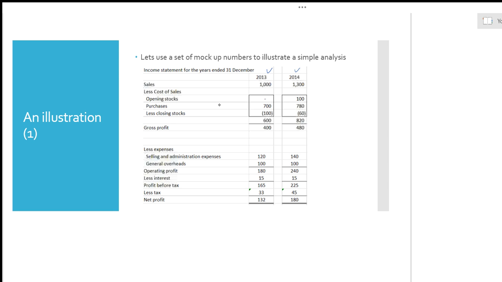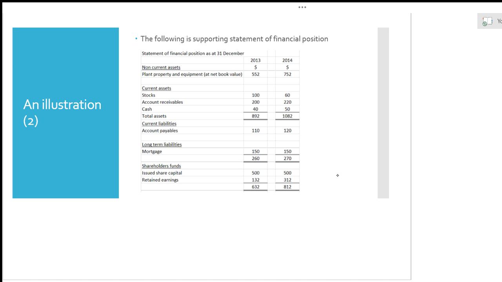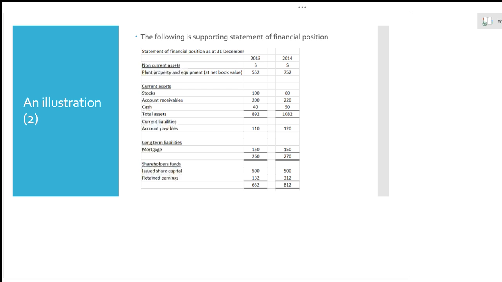This gives me the gross profit and net profits for both years. I also have the statement of financial position for 2013 and 2014, and you can see the values. I have my total assets, liabilities and equity.